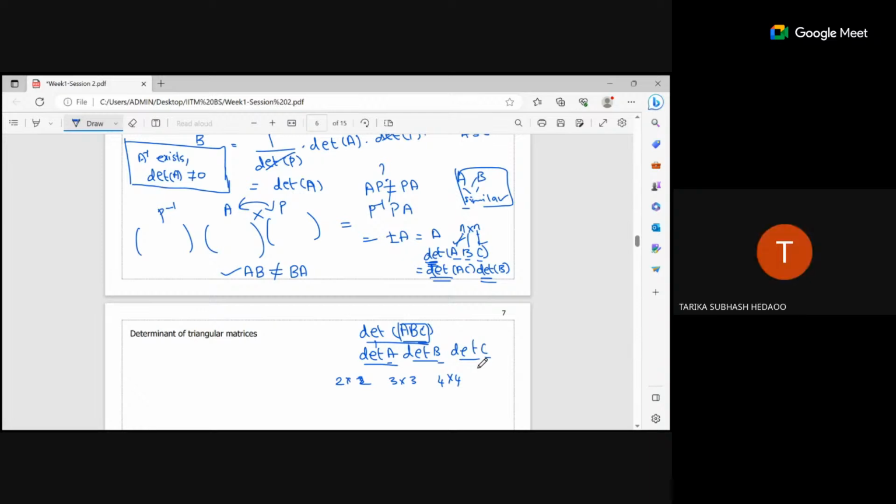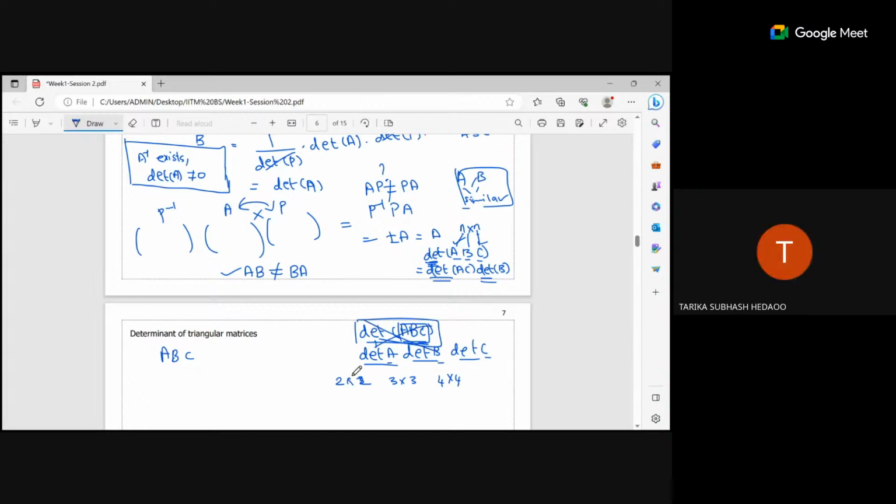We cannot split the determinant of ABC into determinant of A, determinant of B and determinant of C and multiply. ABC itself is not defined in that case, so this itself is not making any sense. You can only talk about these separate determinants.